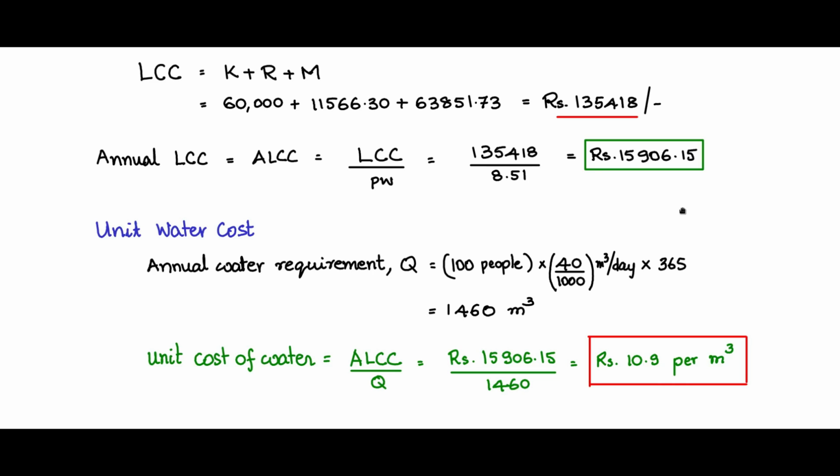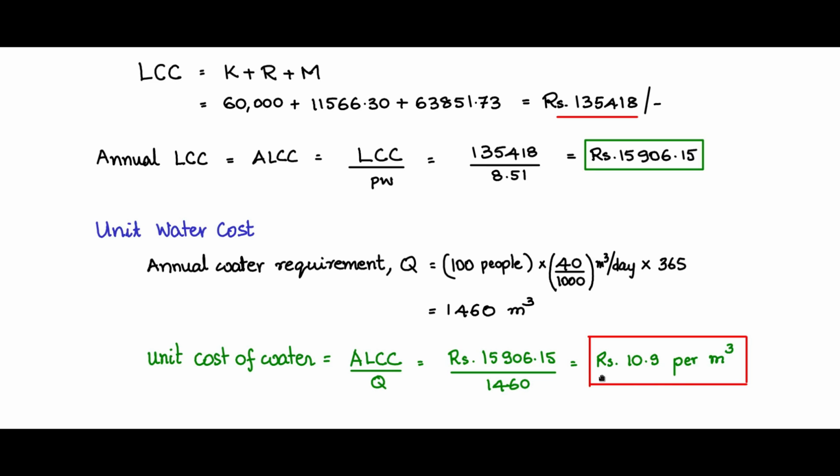What it means is, for every meter cube of water that is used by the community, the cost incurred is rupees 10.9. Or if someone would like to do water billing for the households in the community, then they have to charge at least rupees 10.9 per meter cube to recover the cost.